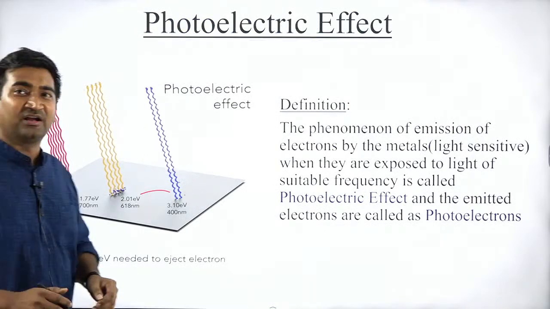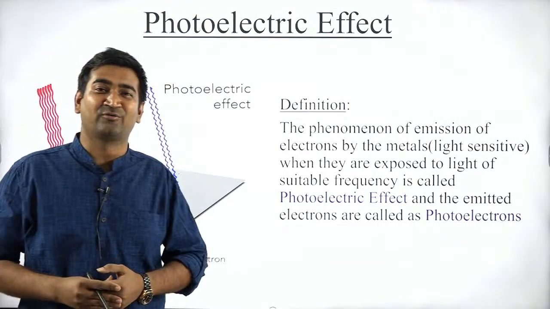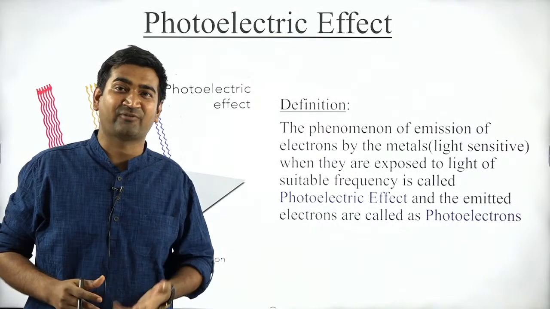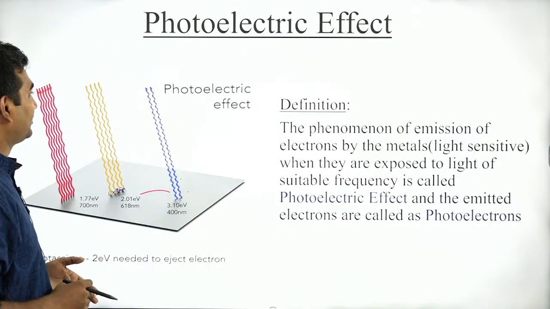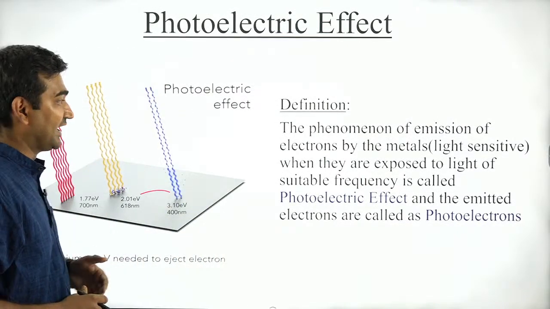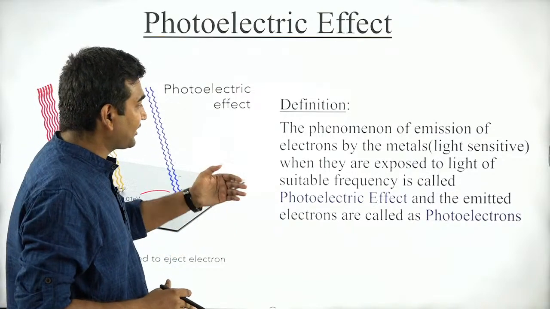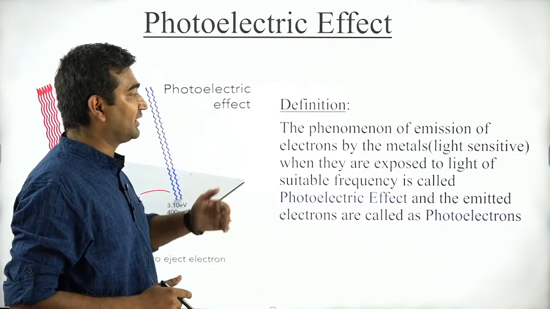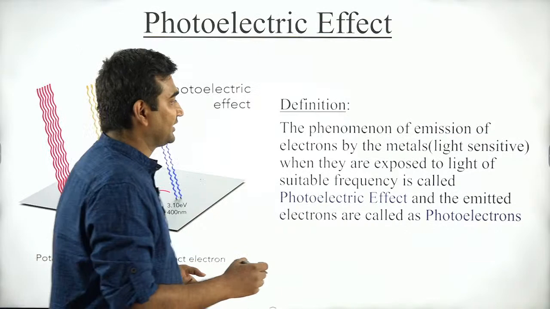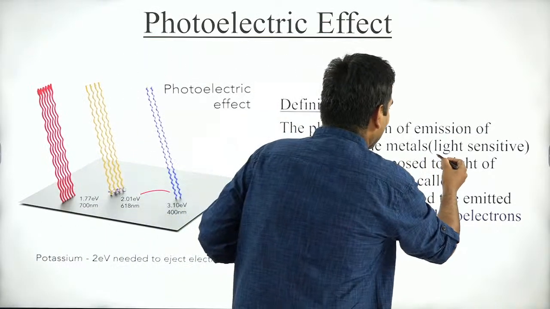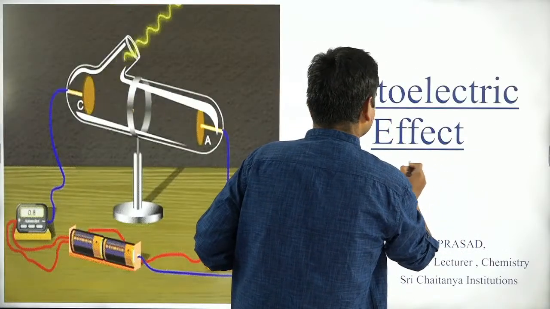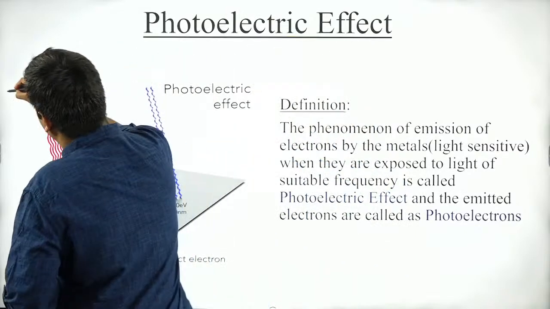First of all, let's understand the meaning of the photoelectric effect, that is, how do I define it. The photoelectric effect is a phenomenon of emission of electrons by metals. By which kind of metals?